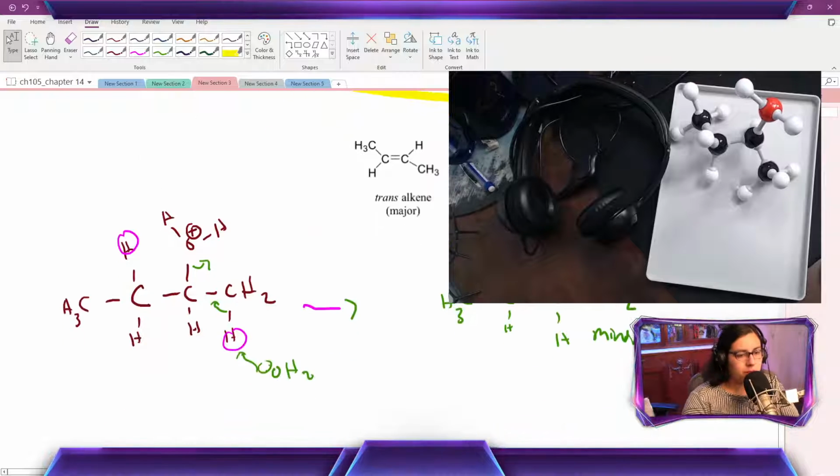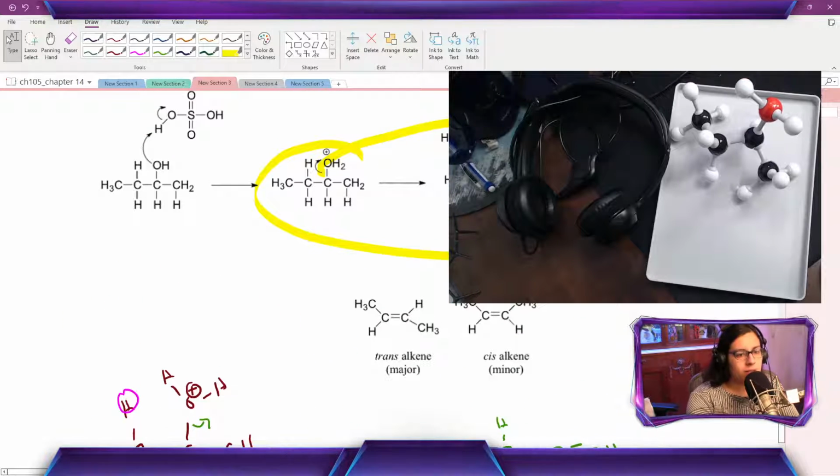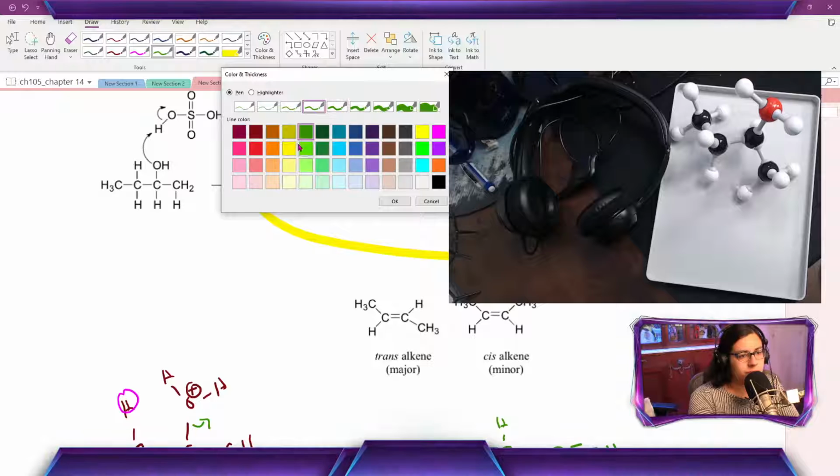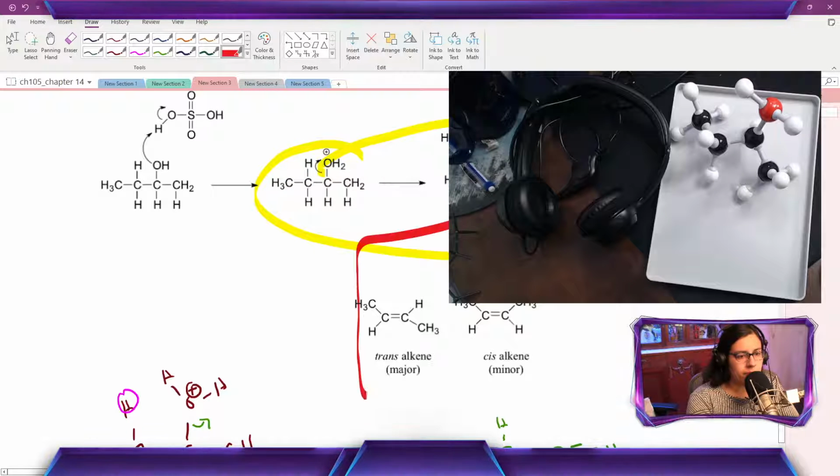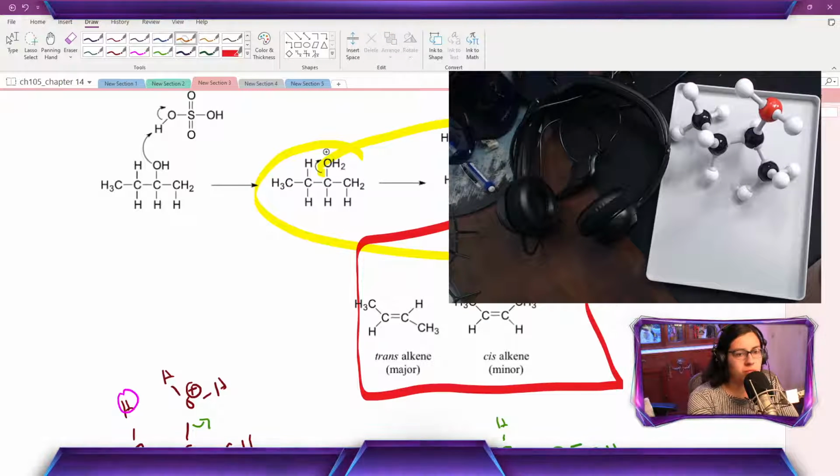Let's look at our major product. So what are our options for our major product? So how would that form? Let's look at that. And so we see that losing this hydrogen is probably going to be more favorable, again because this is a more substituted carbon, so it has more things on it.